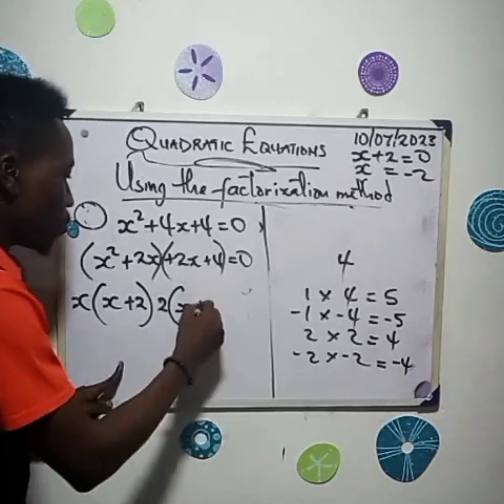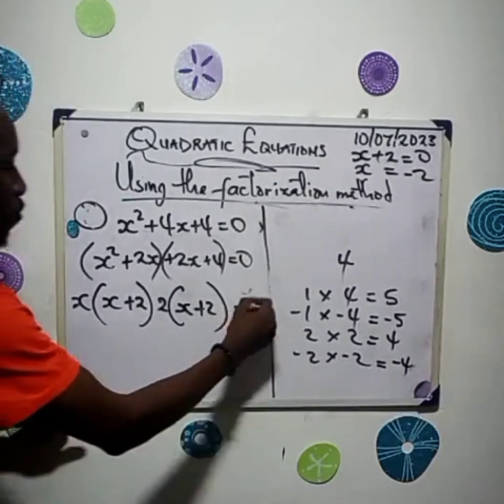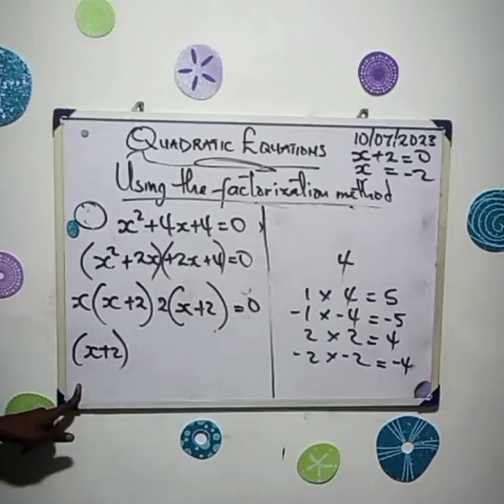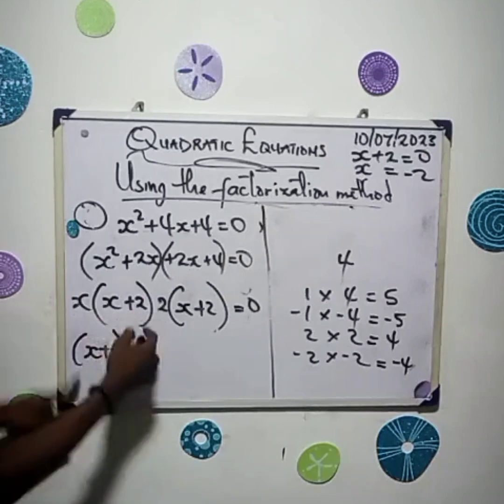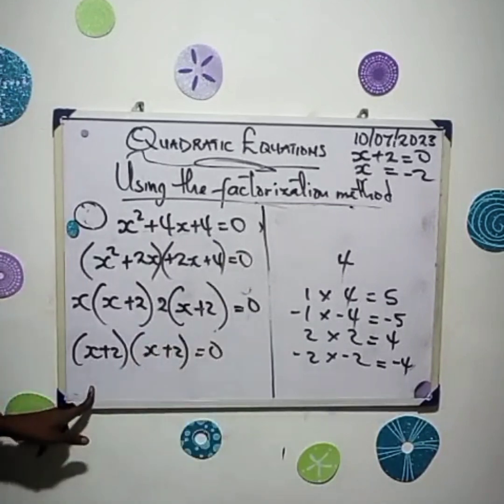Okay, so plus 2. So we have x plus 2, x plus 2 equals 0, of course. So what's the next thing?